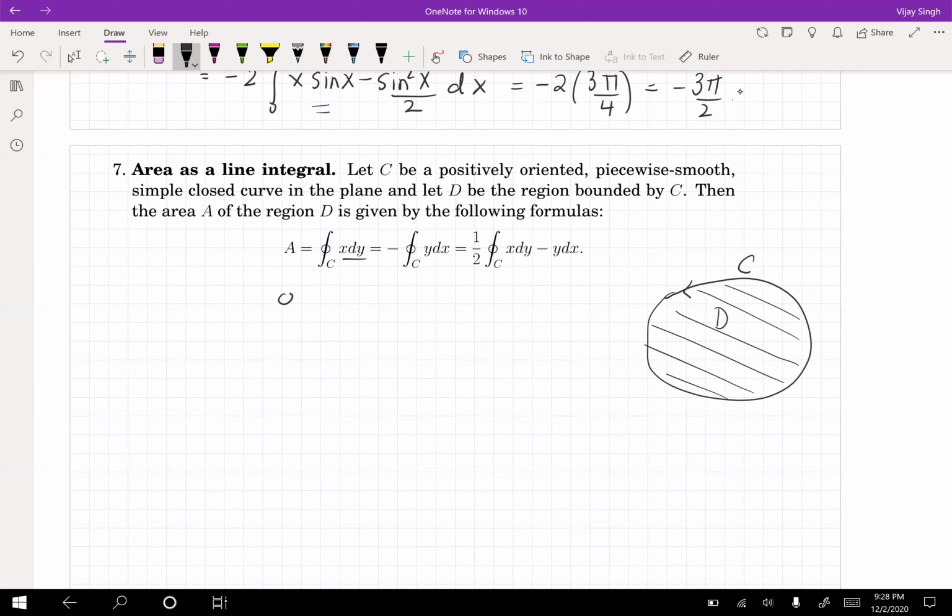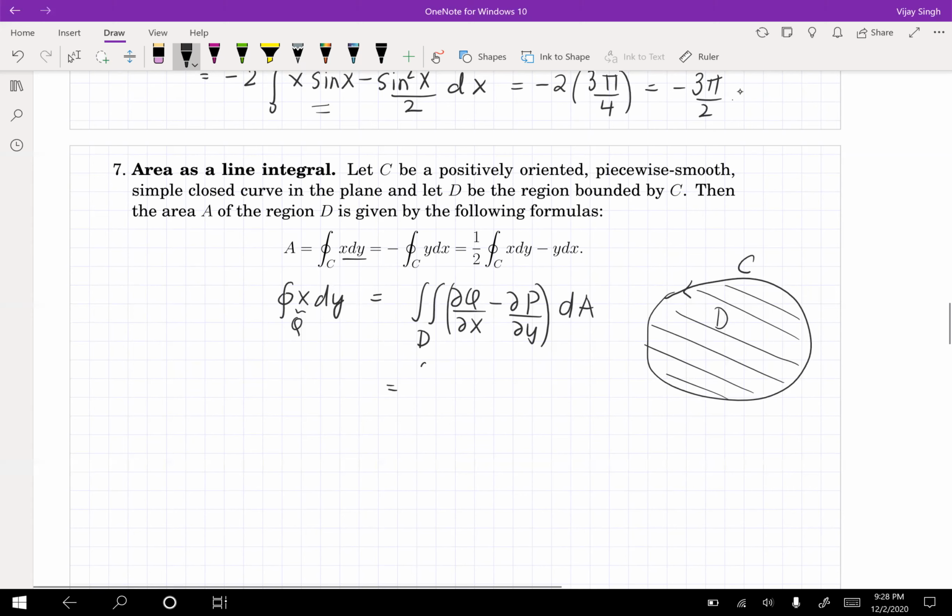Then x dy by Green's theorem is going to be the double integral over D of dou Q by dou x minus dou P by dou y dA.